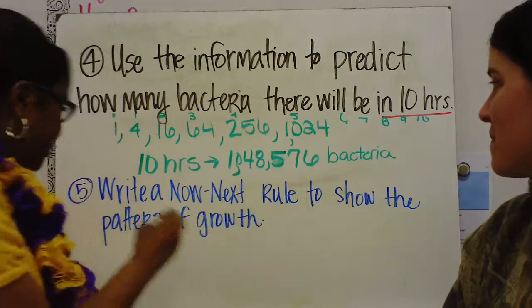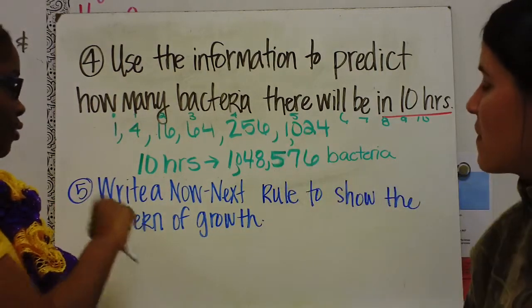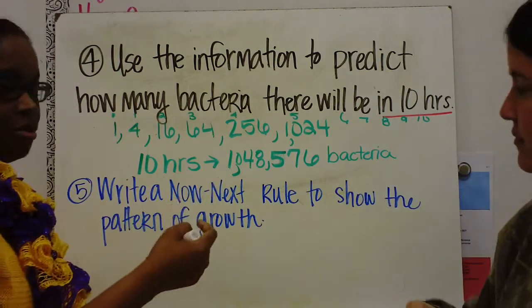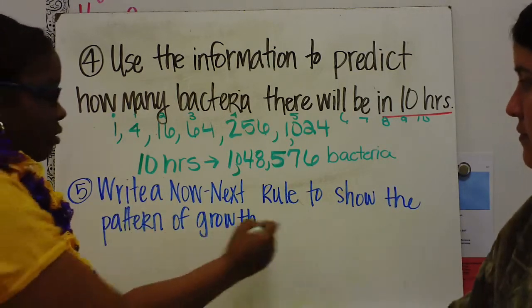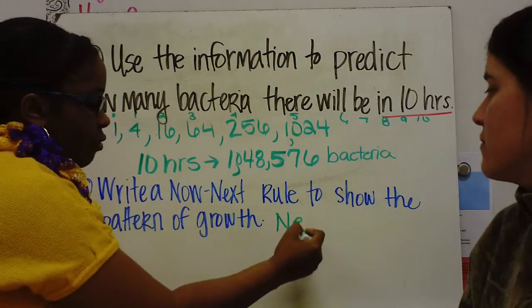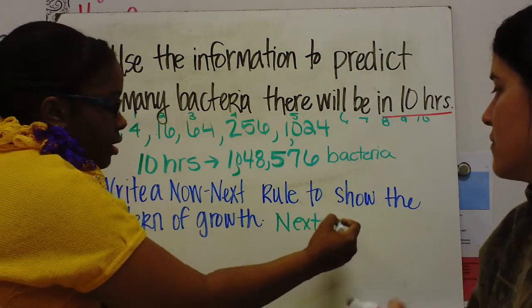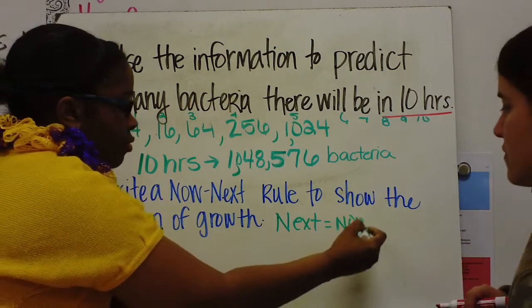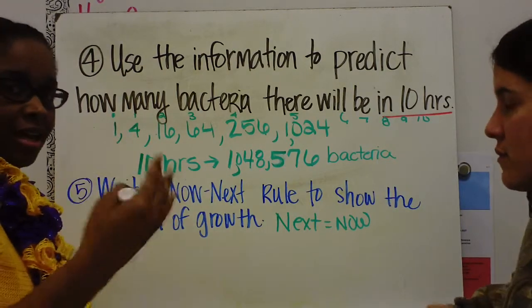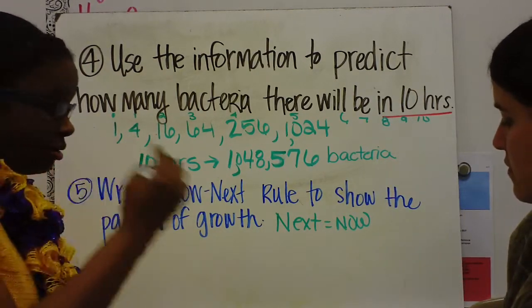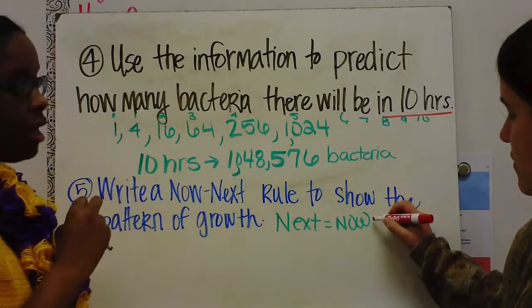Yuck, mouth. So now we're going to write a now-next rule. We talked about now-next rules in our linear equations. You know it's always next equals now, but the way we are doing our rate of change has changed because instead of adding every time as we did in our linear unit, we're multiplying every time by 4.